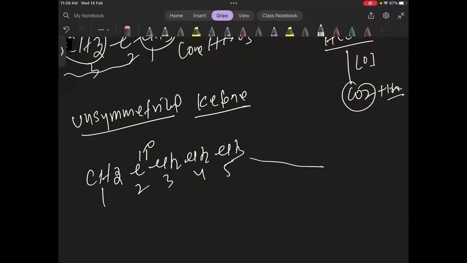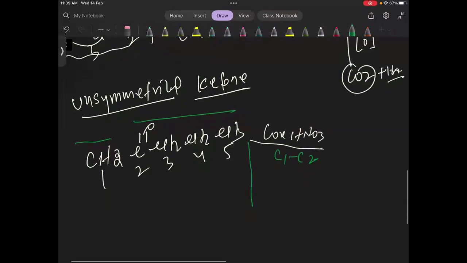Suppose conc HNO3 is taken. One case is that the bond between C1 and C2 is cleaved, and the other case is that the C2 and C3 bond is cleaved.